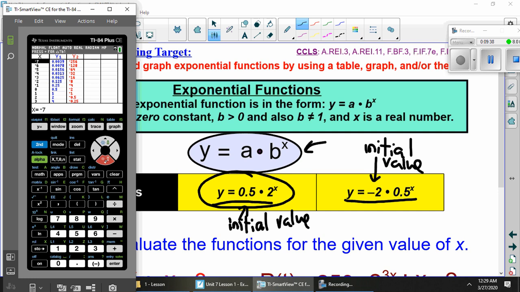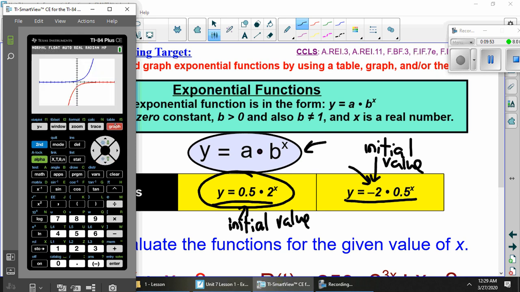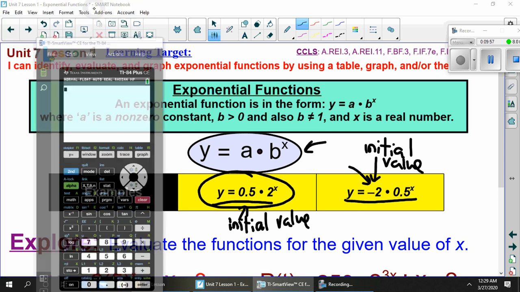And then it's 0, -2, like I said, with this initial value as -2. So that's basically what I wanted to show you. And now you know exactly what they look like as exponential functions. Right? So clear that out.